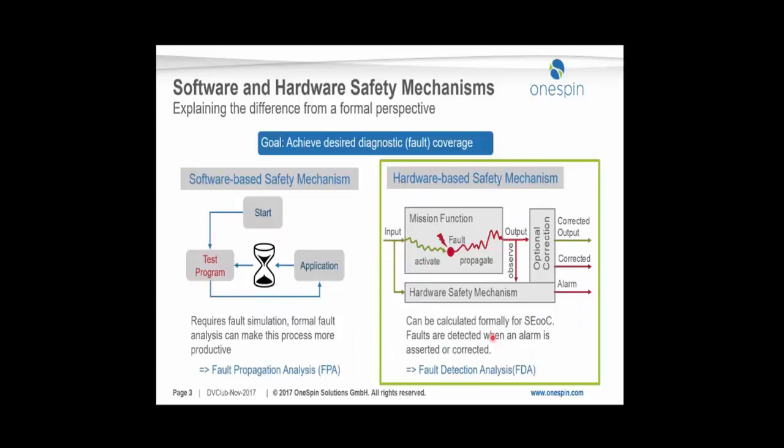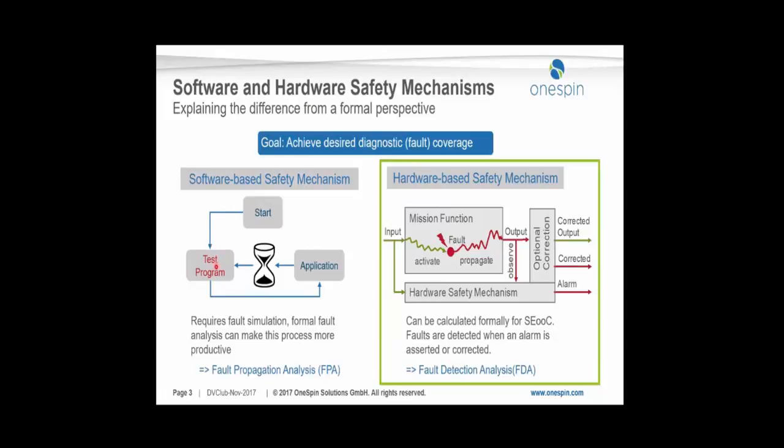So in terms of safety mechanisms in general, we typically divide them into software and hardware safety mechanisms. The software-based safety mechanisms, or also people call them software self-tests.